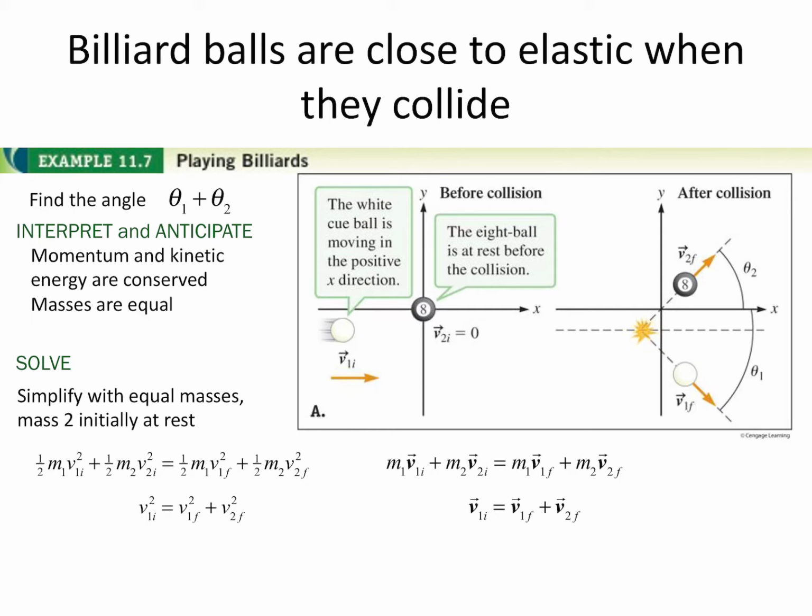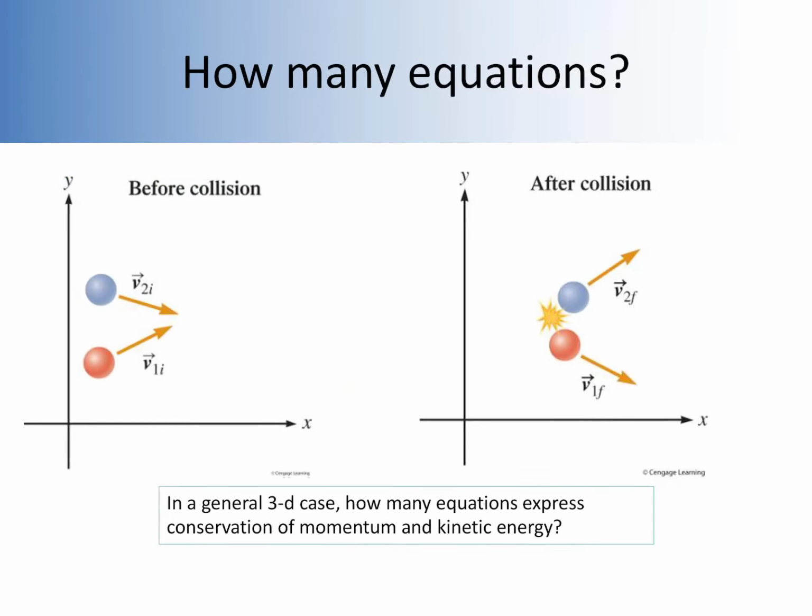And this is a more advanced problem for a billiard ball collision. Now, after the collision, the momentum of this black ball and this white ball should add up to the momentum of the white ball before the collision. It's just the math.